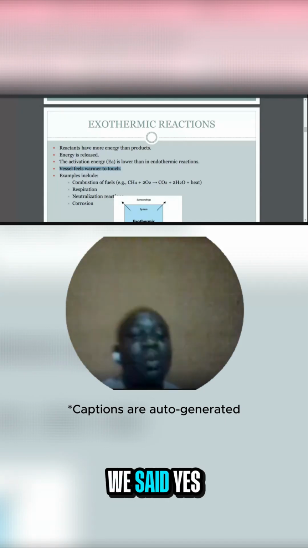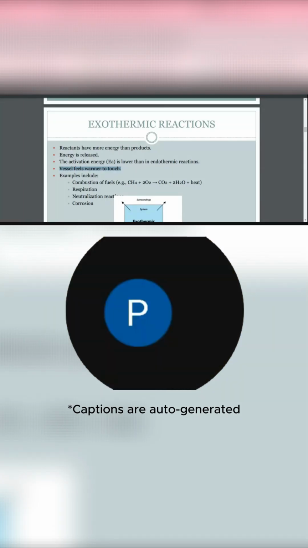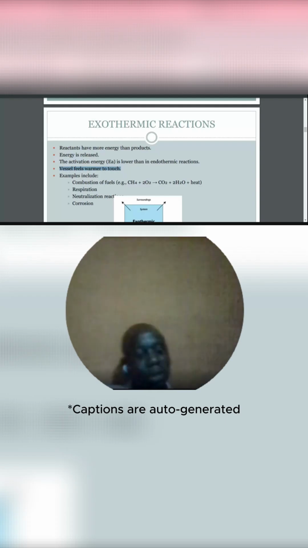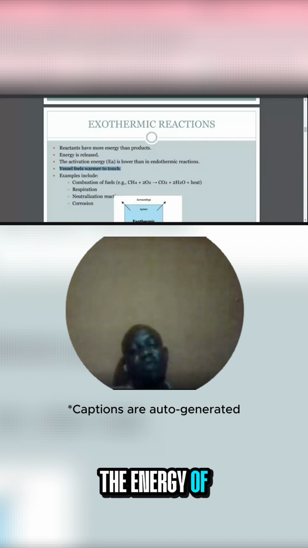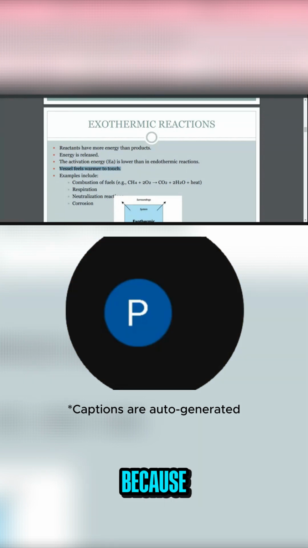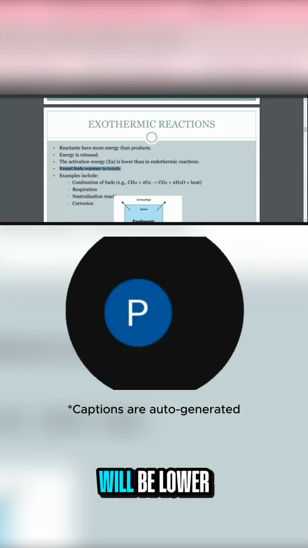Yes, that's what we said. The energy of the product is lower than the reactant in exothermic. What about in the endothermic reaction? The product to be higher. The energy of the product is higher. No, because heat is being given out in exothermic, so you are left with less energy. So the product will be lower.